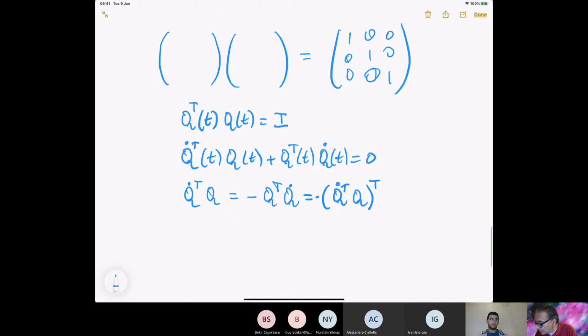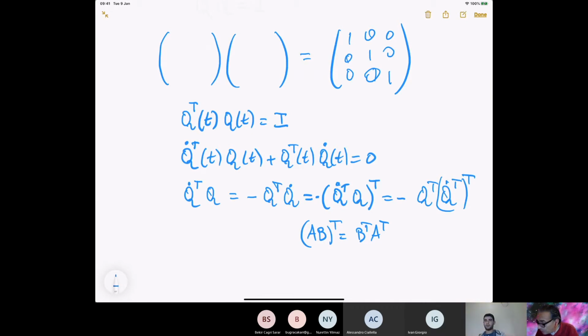Because if you calculate the transposed, AB transposed is equal to B transposed A transposed. So if you apply this rule here, you get Q transpose Q dot. Okay, let us write it. I get Q transpose, Q dot transpose, transpose, which is Q dot.